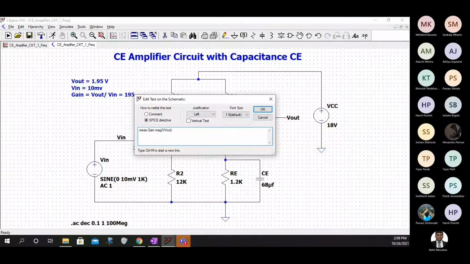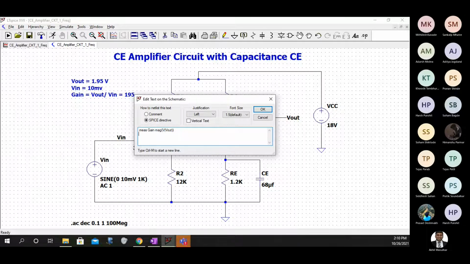Measure the gain at voltage V out. You may say that this command is measuring the voltage at V out. No, this command is measuring the gain at V out, because here we have made AC 1. AC 1 means we have made the input as 1. So whatever the output is, that is the value of gain.